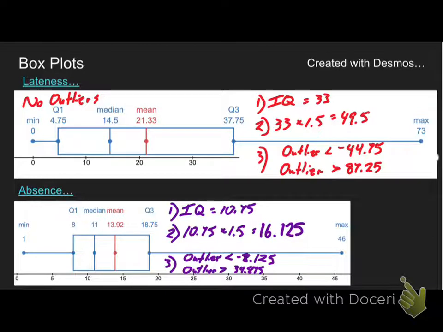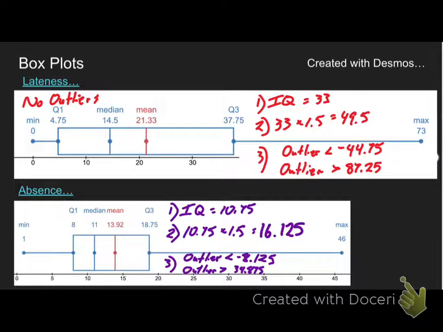Okay, so what is 8 minus 16.125? That would be negative 8.125. So that's that number I got right over there. And then what is 16.125 plus 18.75? Well, that's 34.875. So any number greater than 34.875 is considered an outlier.